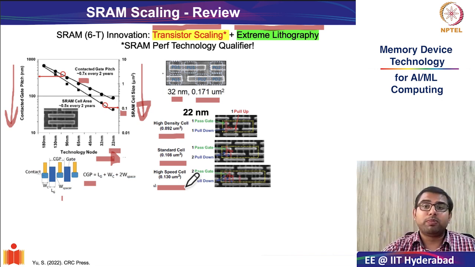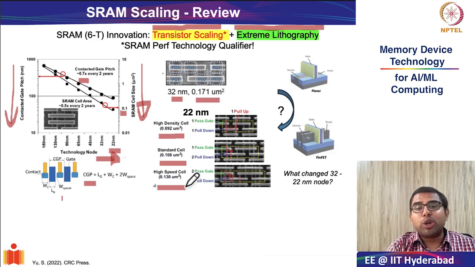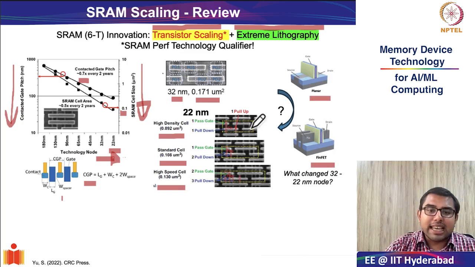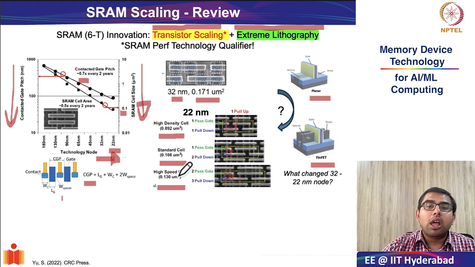Some of you might know that what essentially happened from the 32 to 22 nanometer node is that the planar transistor moved to a FinFET design. And as you can see from the structures of the high density cell, standard cell, and high speed cell, by deciding how many fins you include in the SRAM cell, you can control the area.